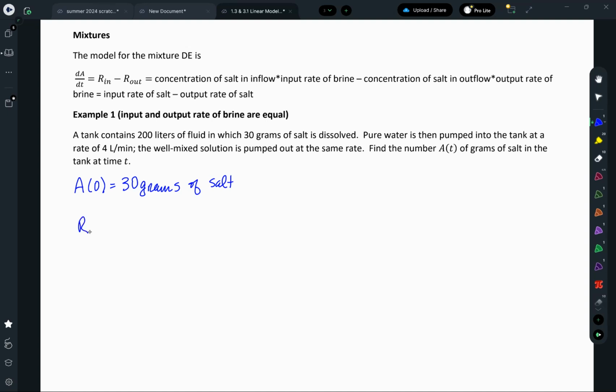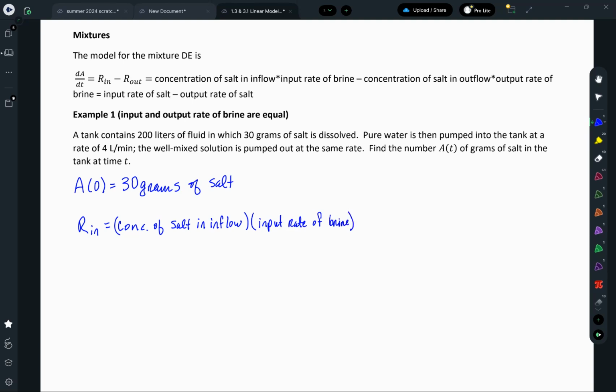Now the rate in, big R sub in, is going to be the concentration of salt in the inflow times the input rate of brine.